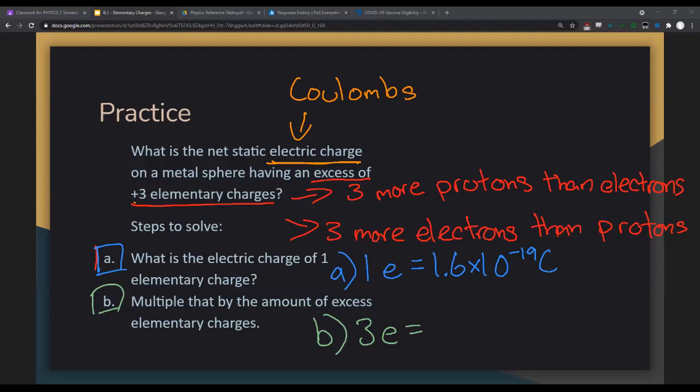Yeah. How'd you get that number? Multiply by 3. You multiply 1.6 by 3, because if 1 elementary charge has a charge of 1.6 times 10 to the negative 19, then 3 of them are going to have 3 times that charge. Makes sense? Hopefully.